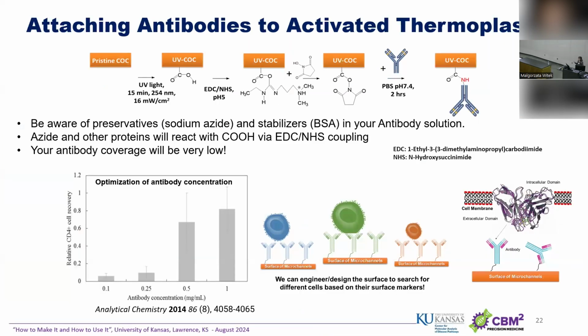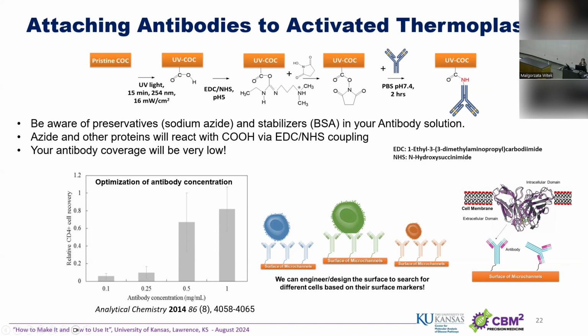As I mentioned, you can attach proteins. Antibodies are proteins, right? So that's how you develop an affinity isolation assay, by covalently linking antibody to the surface of a microfluidic, and you can target a specific protein in plasma, or you can target a specific cell with some specific antigen on the surface by creating antigen antibody interactions in a microfluidic format.